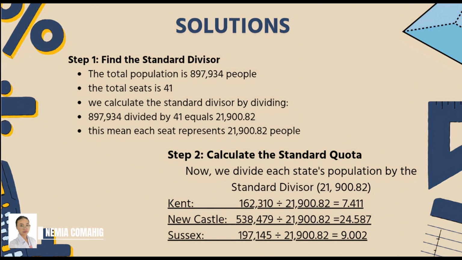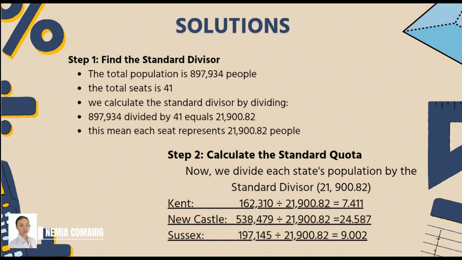Step 2. Calculate the standard quota. Now, we divide each county's population by the standard divisor, which is 21,900.82. Kent has 162,310 divided by 21,900.82, which equals 7.411.